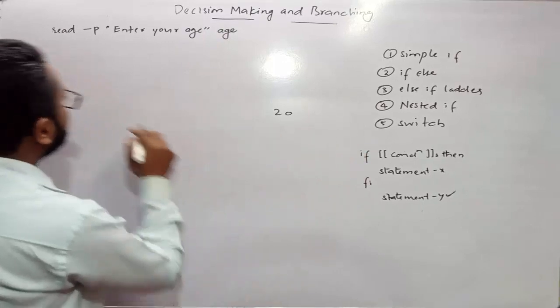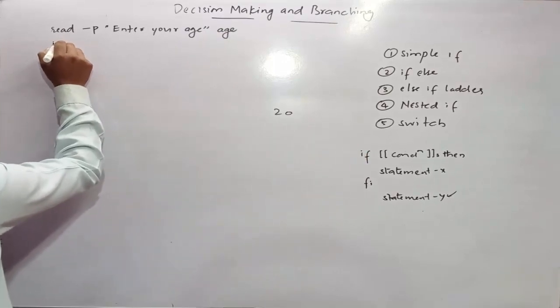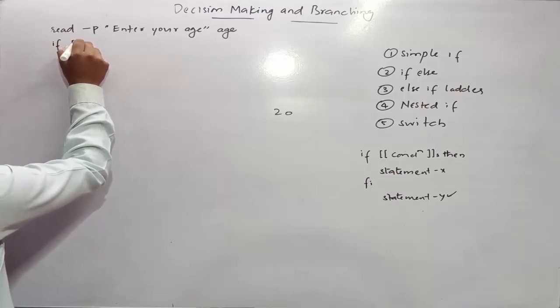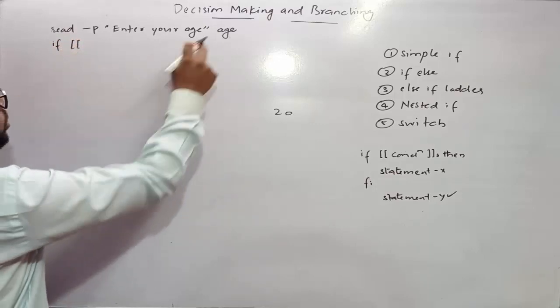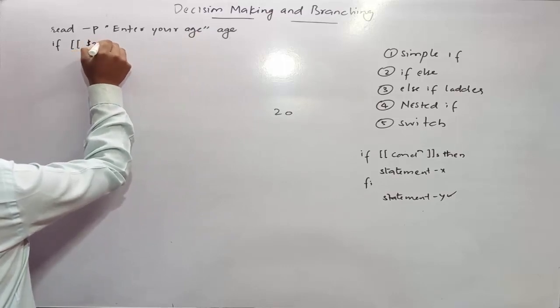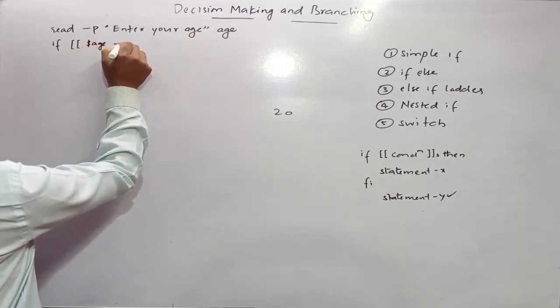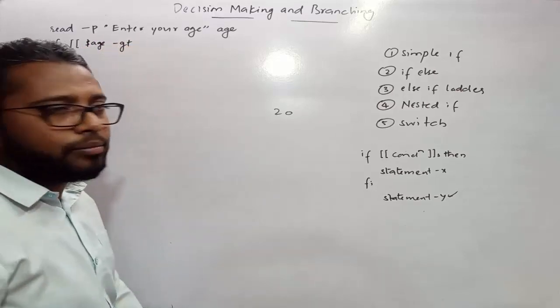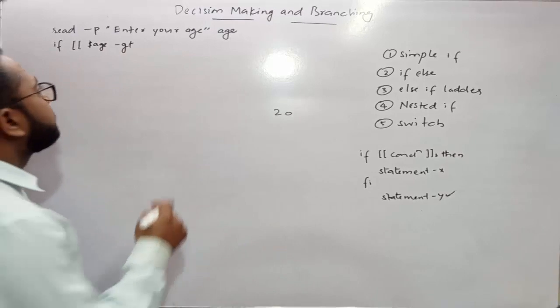Then I will use the simple if statement. If, put some space, then open two square brackets, then I use the variable prefixed with dollar, $age, and I use -gt to check for greater than.